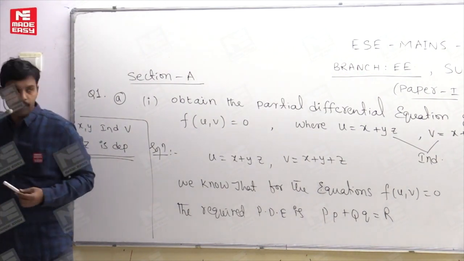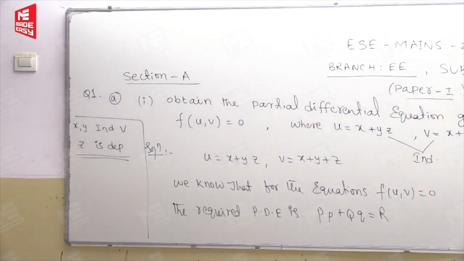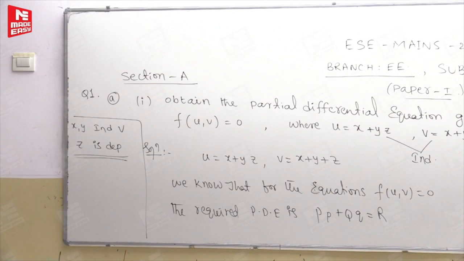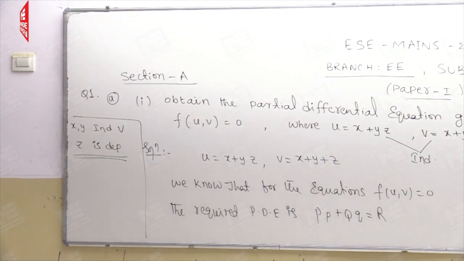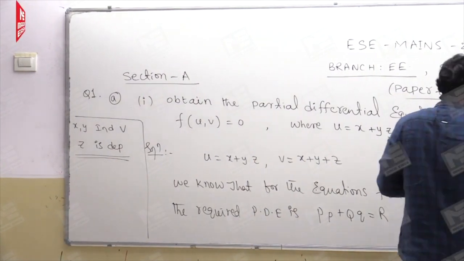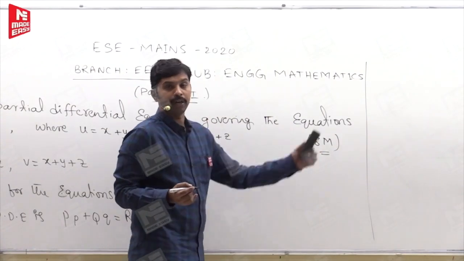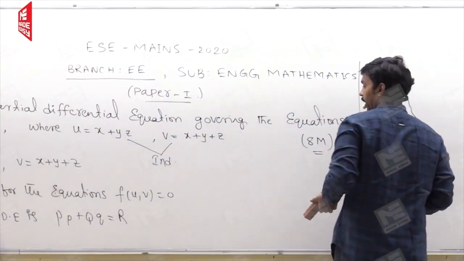Now I'm going to give the solution for this: how you are going to form Pp + Qq = R from the given u and v. As it was asked for only 8 marks, dear students, you can give this equation directly like this.